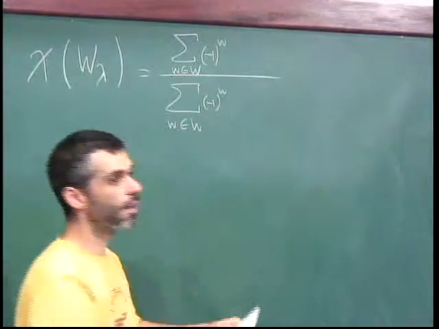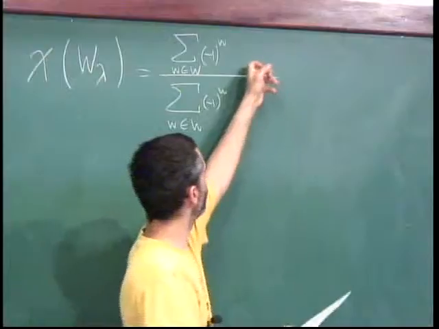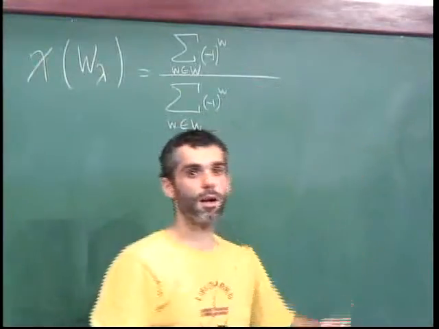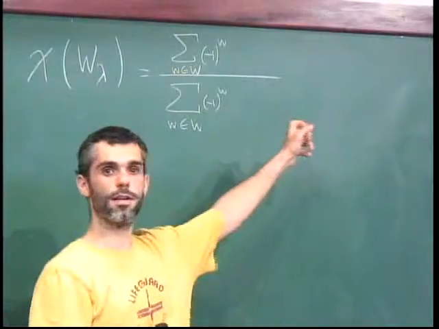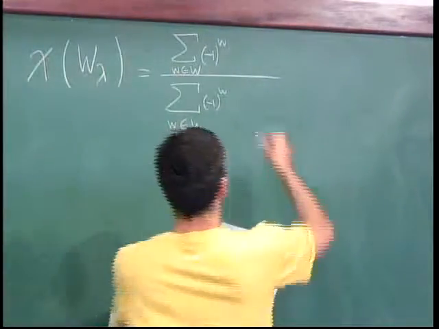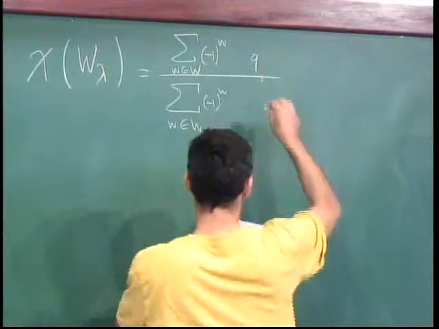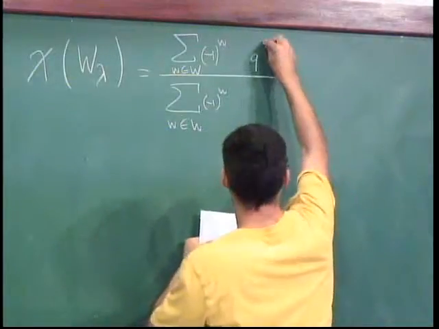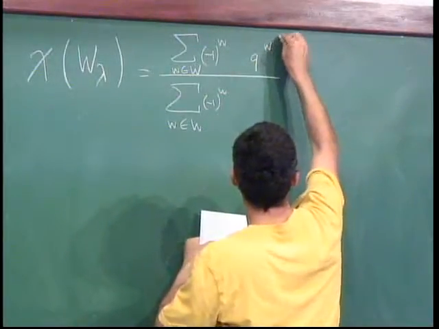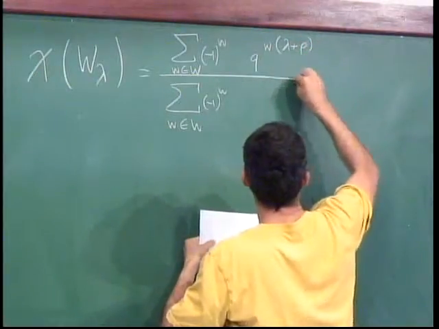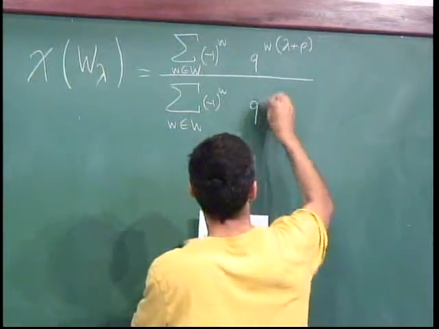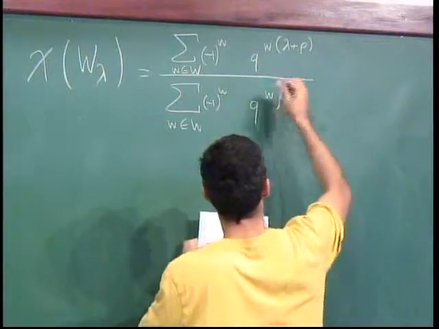Before I used an exponential of the form e to the something, but there's no e's in this story. There's lots of q's, so it's going to be convenient to write it as q to the w acting on lambda plus rho, and here w acting on rho.